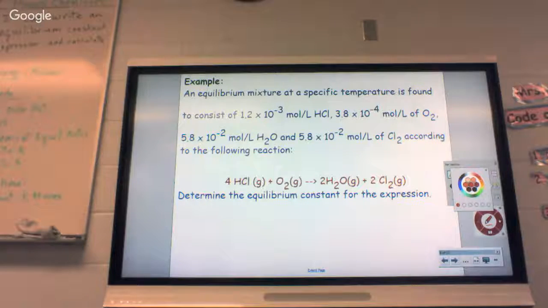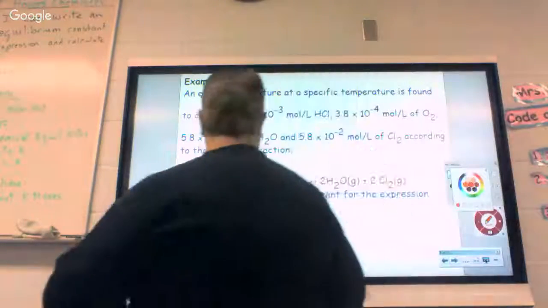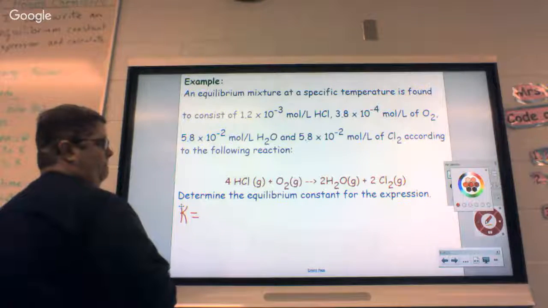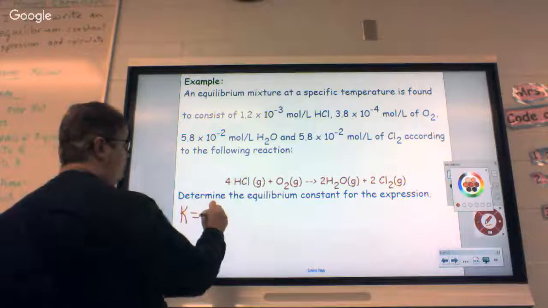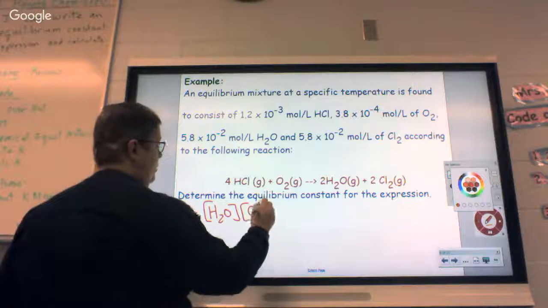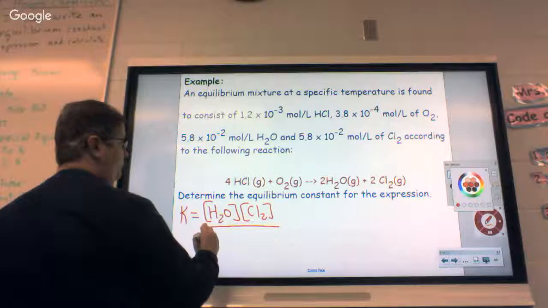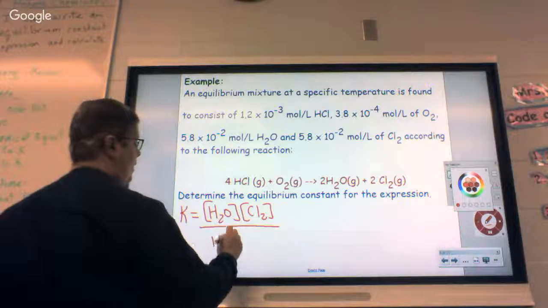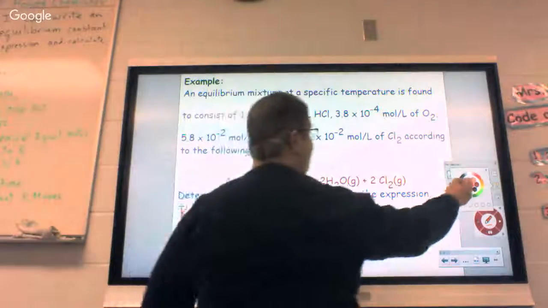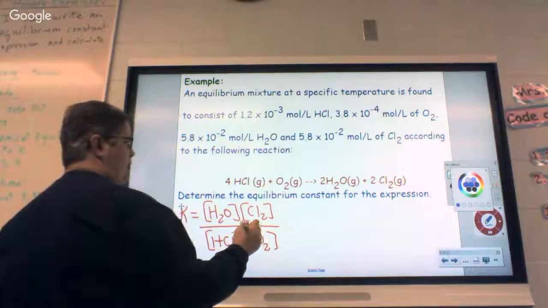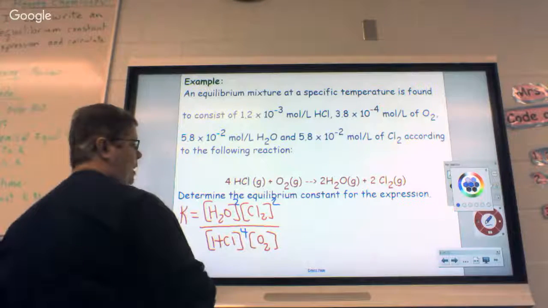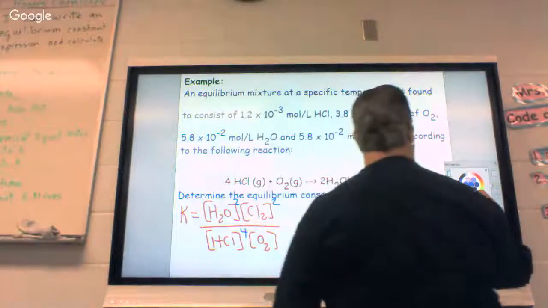All right, so you've learned to write the equilibrium constant expression, so let's write it. K equals, what's on top? H2O and Cl2. And then? Good with all of that. So H2O has an exponent, and chlorine has an exponent, and HCl has an exponent, very nice. From there, we need to figure out our numbers.